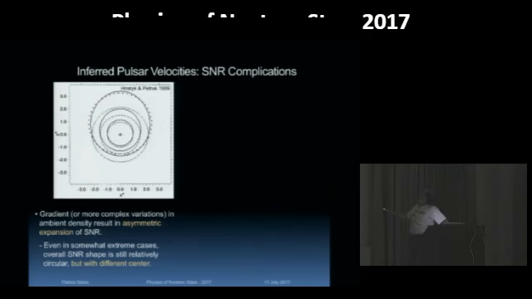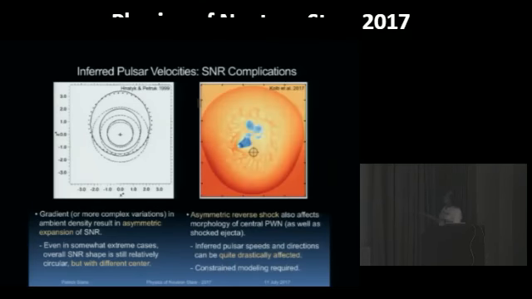It's expanding more in this direction. But what they show here with this dotted curve is that if you plop down a circle on top of the thing, it looks pretty much circular. It's just got a circle with the center in the wrong place, and that makes it very difficult to figure out what's going on. So here's a simulation just like the one that I just showed you.